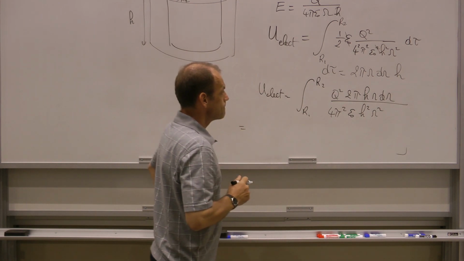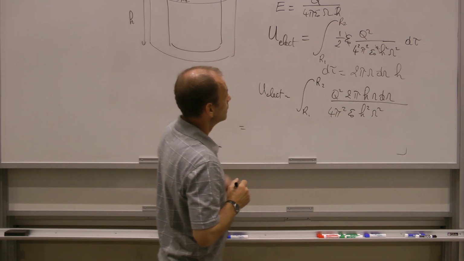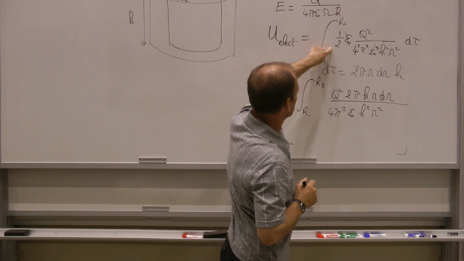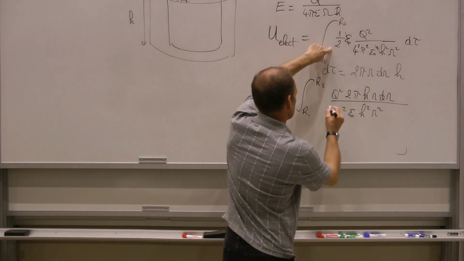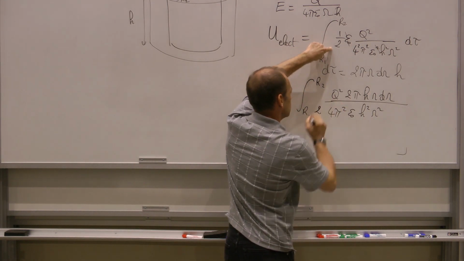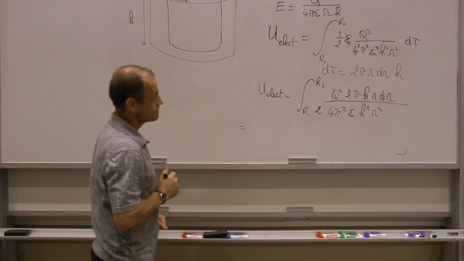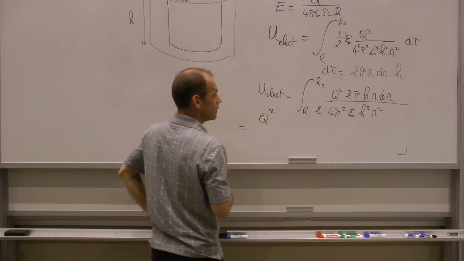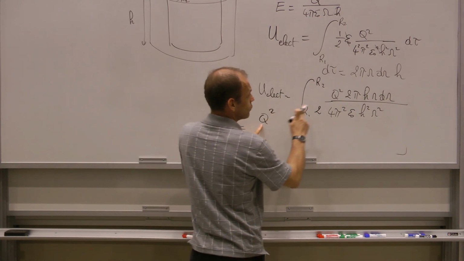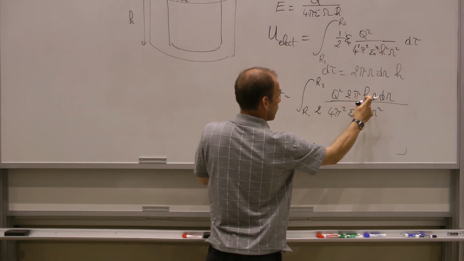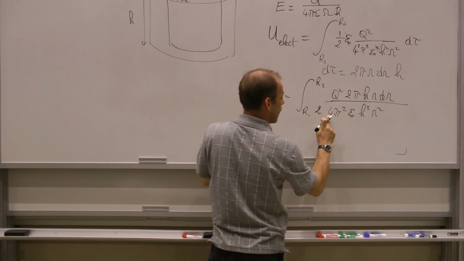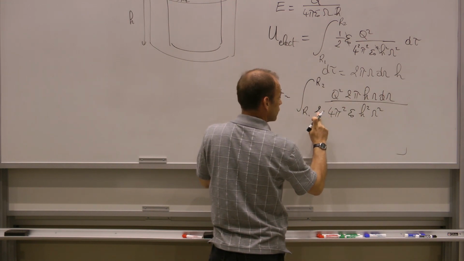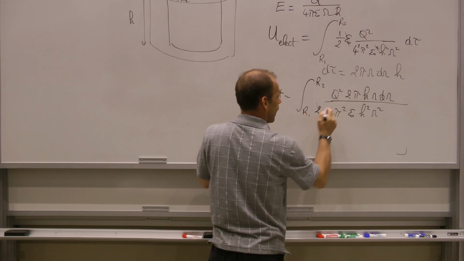Alright. And there might be a factor of 2 that should still be down here. So let's take everything that's constant out. Q squared. I have a 2 pi and a 4 pi squared. So the 2 and 2 cancel out.